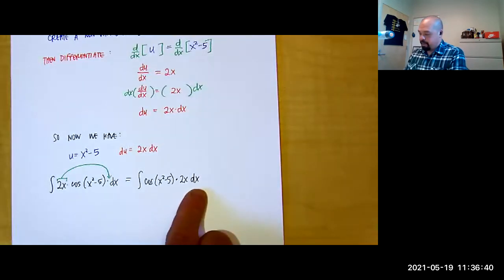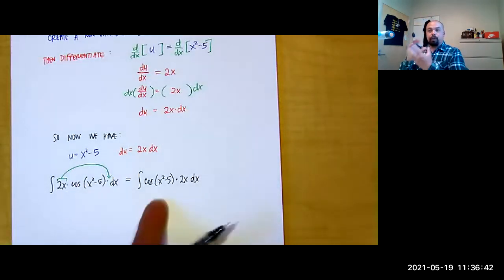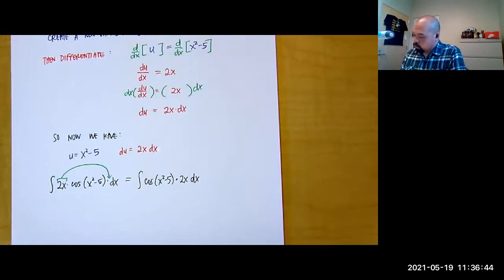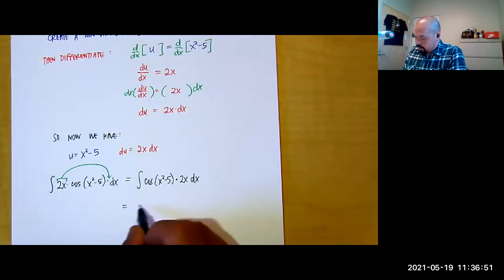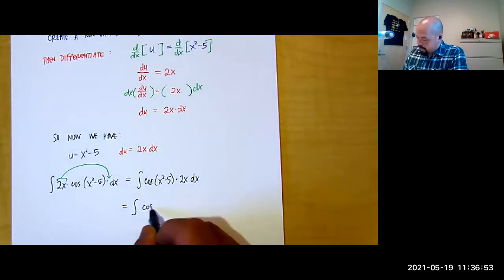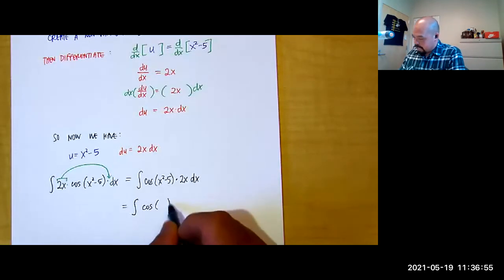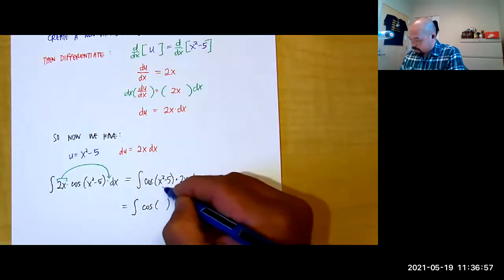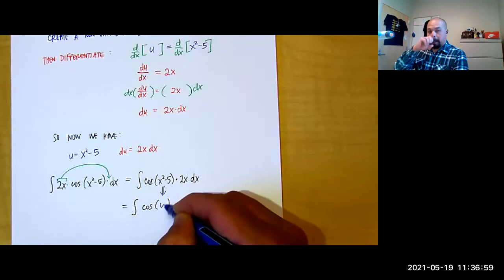I just rearrange, using the commutative property for multiplication. But then when I start to rewrite, notice that x squared minus 5 was just u.